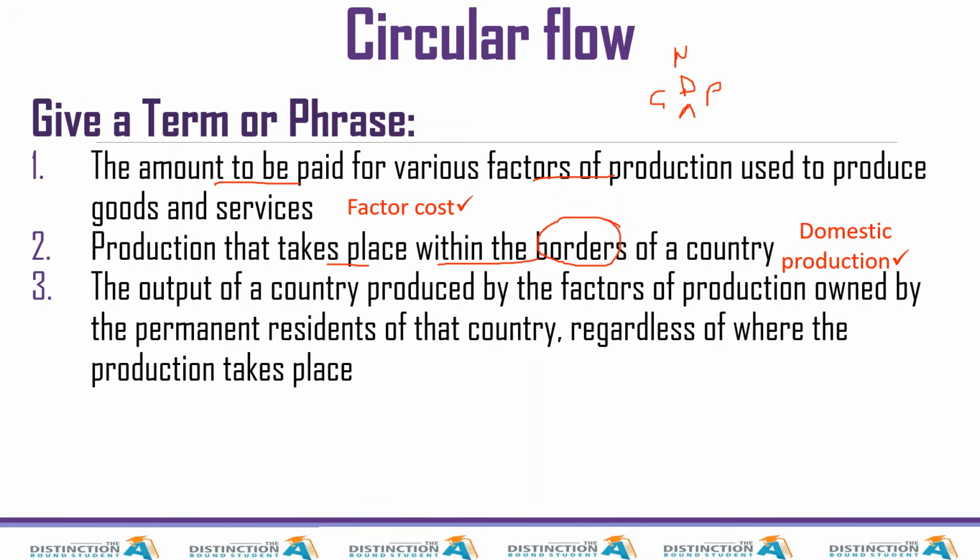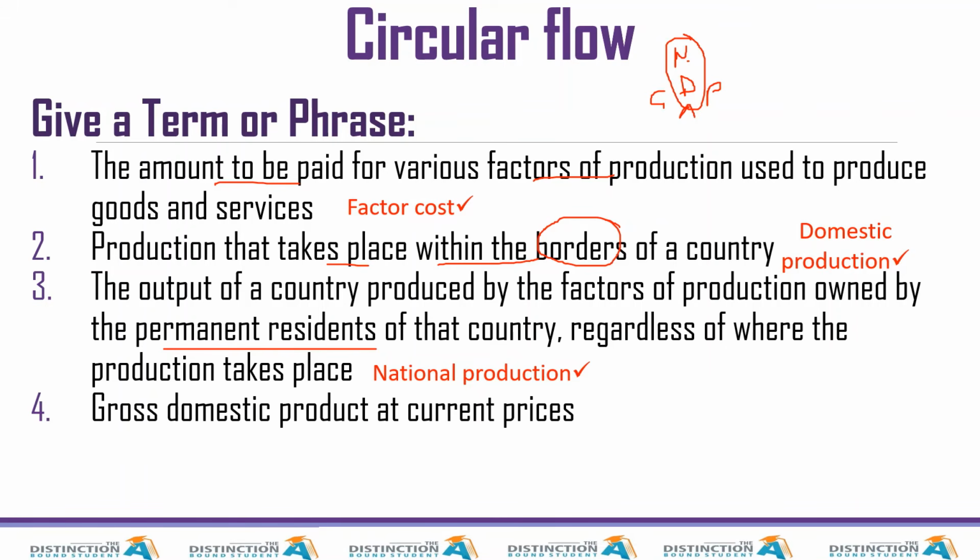Next one. The output of a country produced by factors of production owned by permanent citizens. Okay, it comes back to this. What is it? It's national production, N, because we are talking permanent residents. Right, gross domestic product at current prices, GDP at current prices.